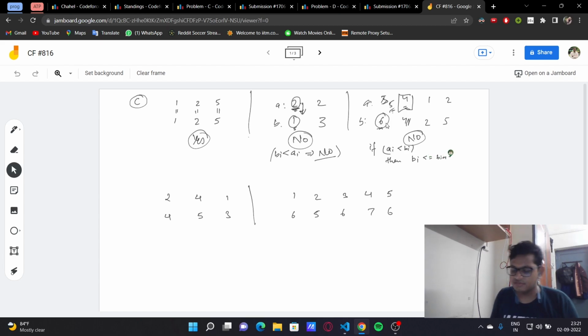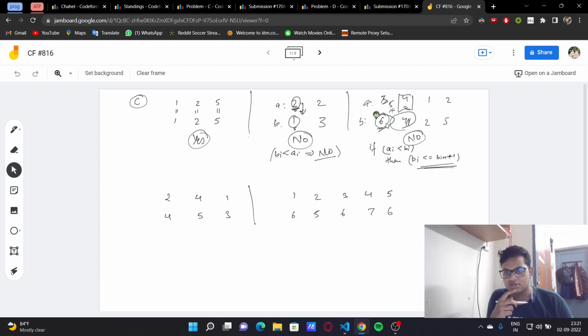We need this constraint because if this is violated, then as you can see, it's not possible to create array B. This is because the maximum value of A_{i+1} is always less than or equal to B_{i+1} if it is valid, and to increment A_i you need it to be at most B_{i+1}, so you can increment A_i to maximum B_{i+1} plus 1, so B_i cannot exceed that. So this is another condition that we need to check.